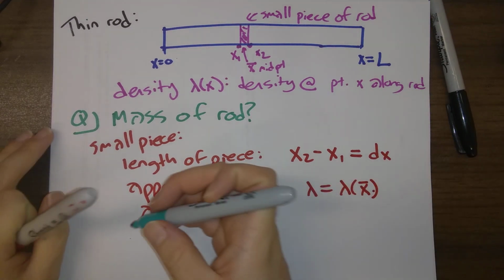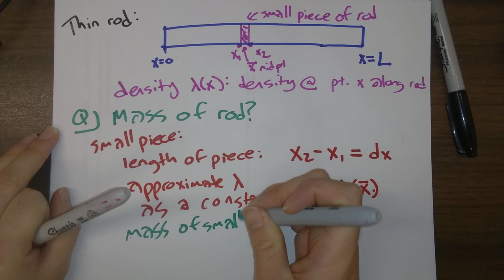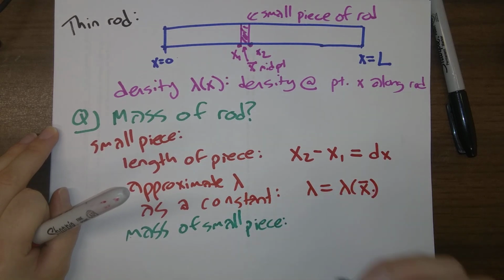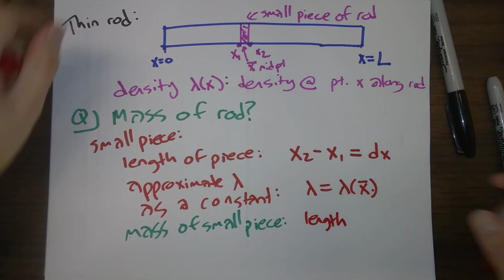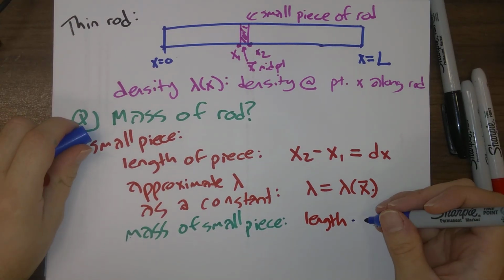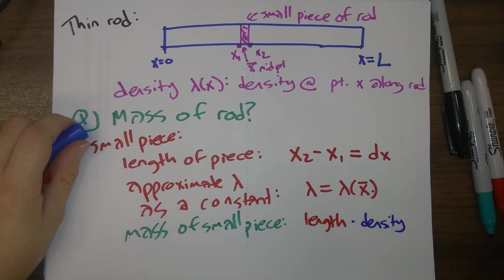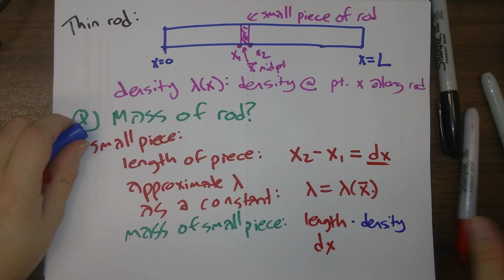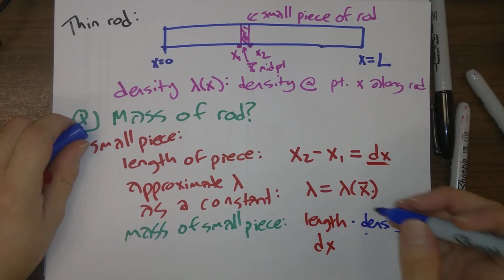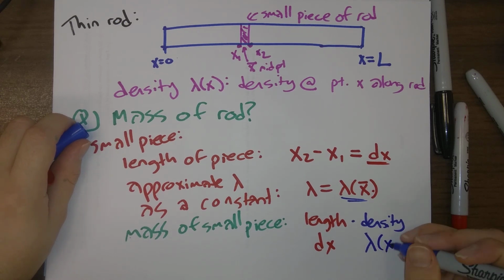So the mass of the small piece is going to be the length times the density, where the length is going to be dx, and the density is going to be lambda of x bar.